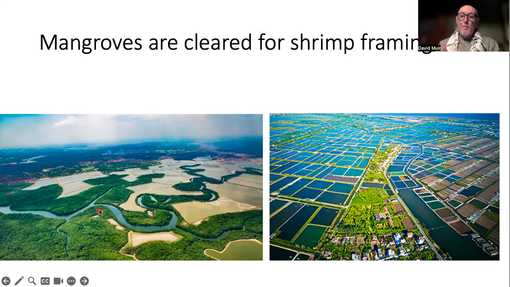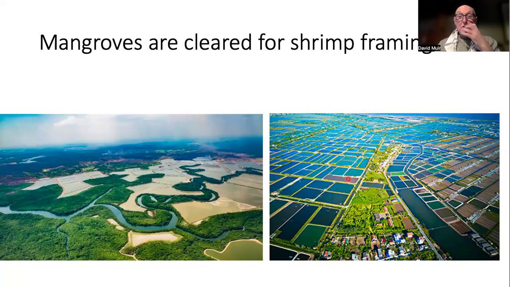Mangroves are extremely important coastal organisms. They form huge forests which shelter the inland from storms and storm surge and all that sort of thing, but are also very, very high biodiversity areas. And they are being cleared out for shrimp farming, which is a very profitable crop, and supplies markets all over the world.